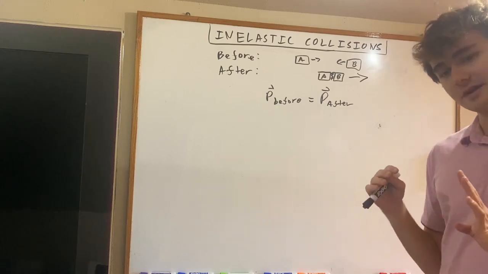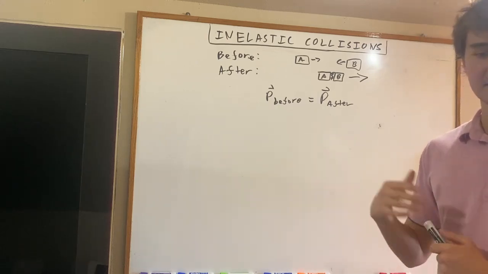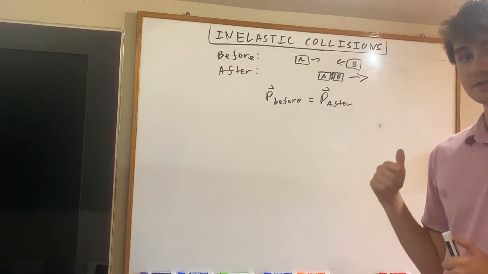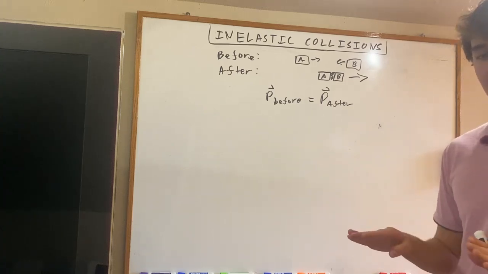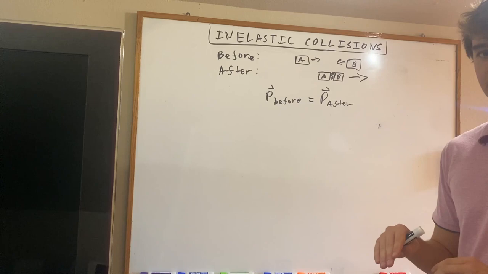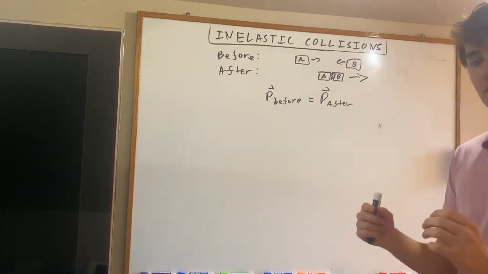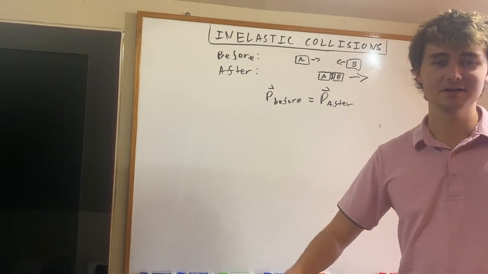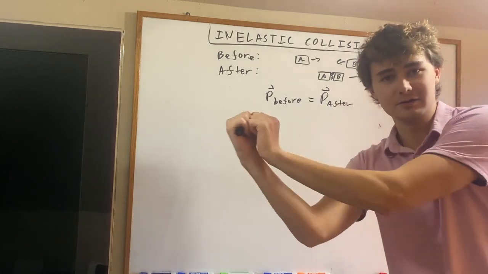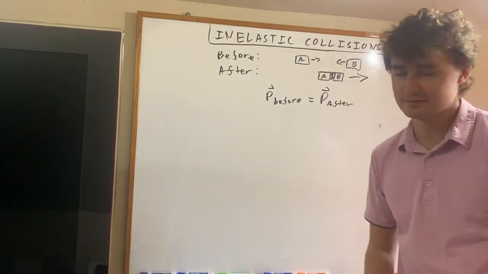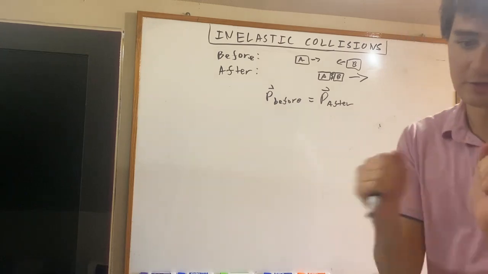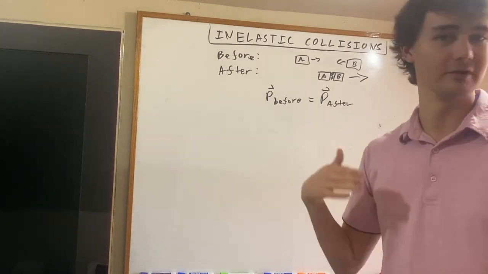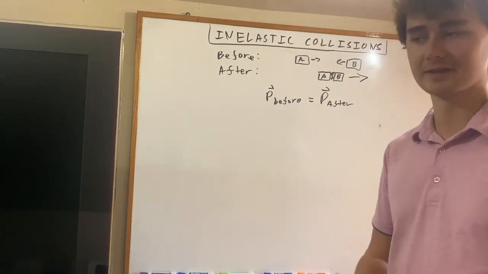The only difference is inelastic collisions do lose kinetic energy, whereas elastic collisions do not lose kinetic energy. Energy is conserved in elastic collisions. So when they bounce, energy is conserved, and that's elastic. When they go together, energy is not conserved, because some energy is lost due to the collision, in the form of sound or heat or something like that.